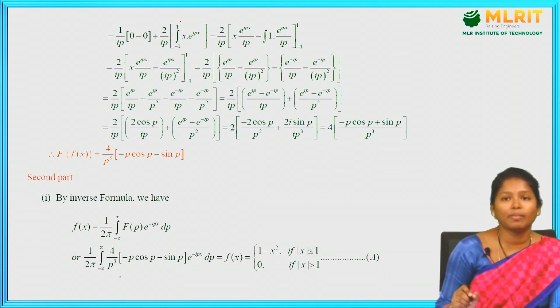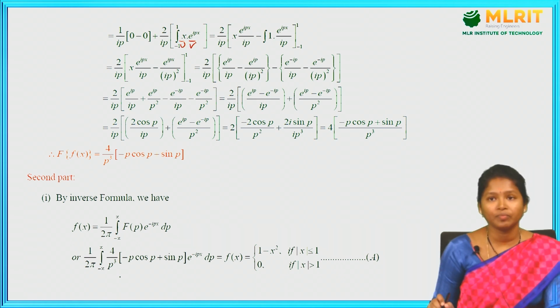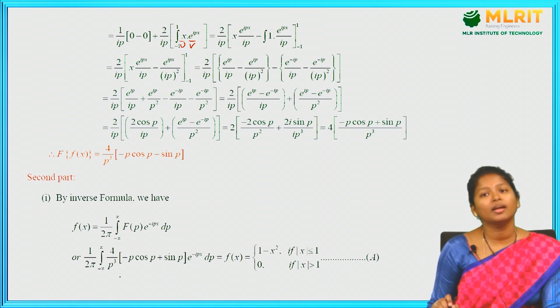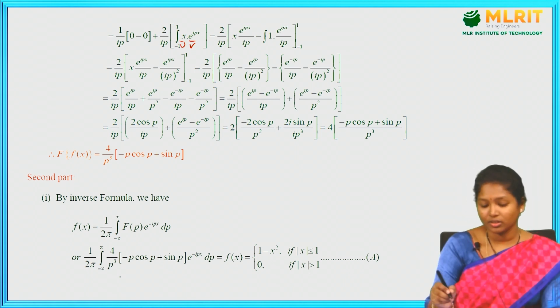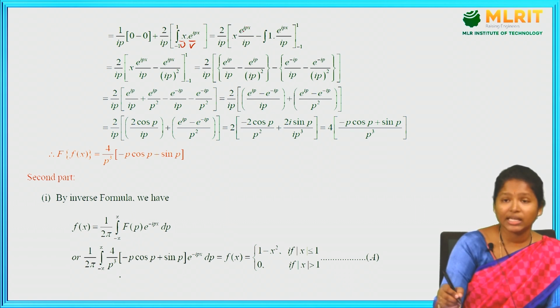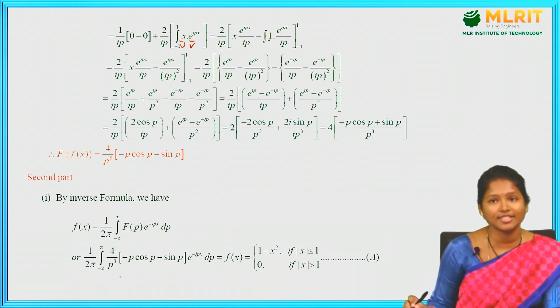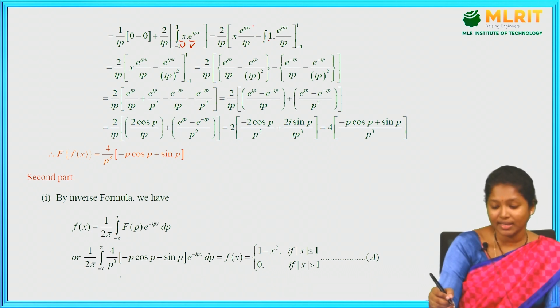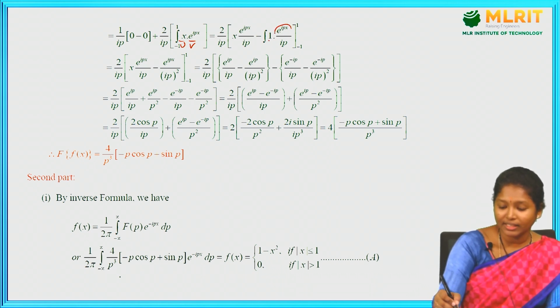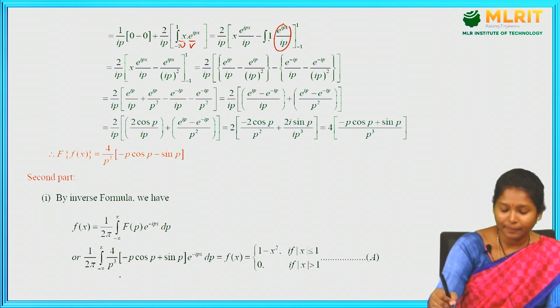So the integral from minus 1 to 1 of x into e power ipx. Here x is u and e power ipx is v, so again we apply the uv formula for integration. The integration of x into e power ipx is x e power ipx by ip, minus the differentiation of x, which is 1, times the integration of e power ipx, which is e power ipx by ip.